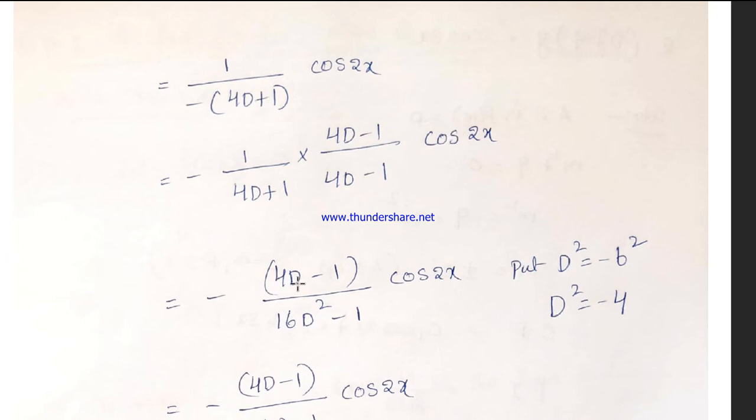So minus of 4D minus 1. Here a plus b into a minus b is a square minus b square, that is 4D whole square, 16D square minus 1 whole square, that is minus 1, cos 2x.